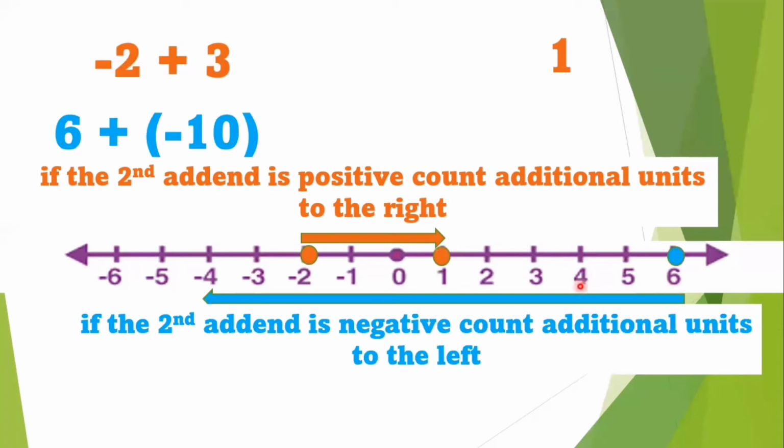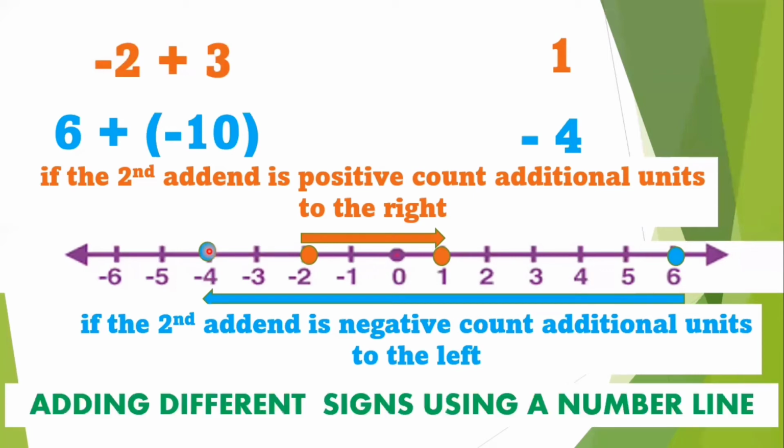So, that is 1, 2, 3, 4, 5, 6, 7, 8, 9, 10. And that makes our answer negative 4. Very easy, right? Ganun lang ang pag-a-add using a number line with integers in different signs.